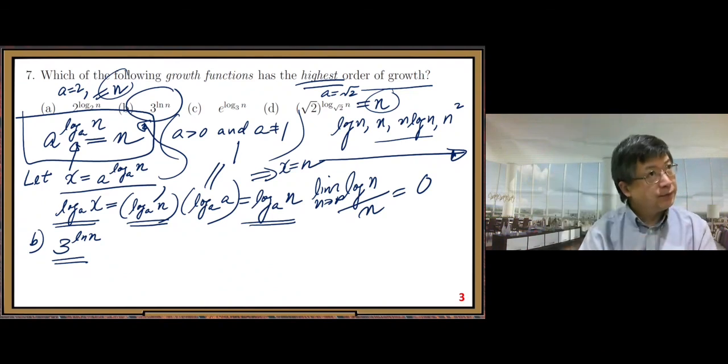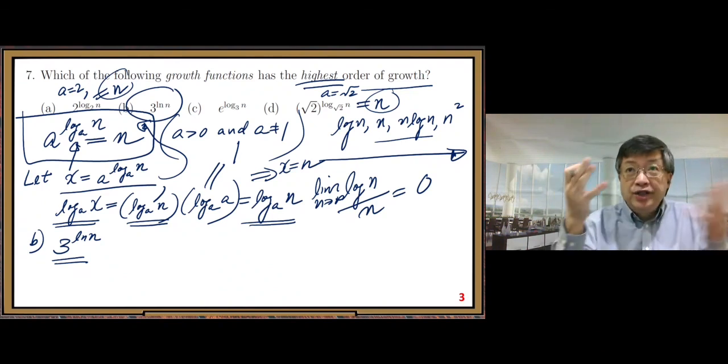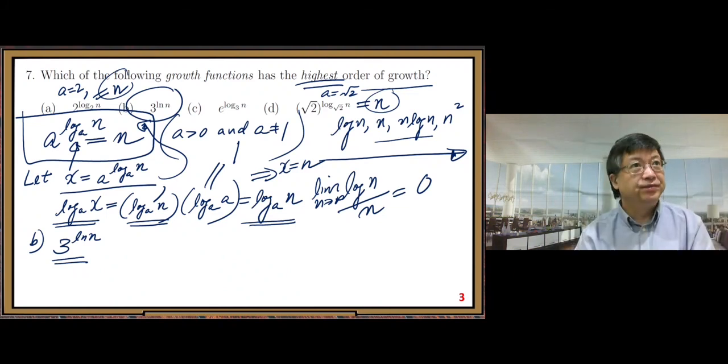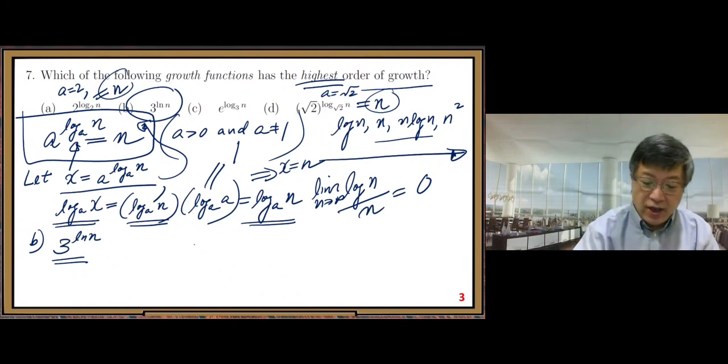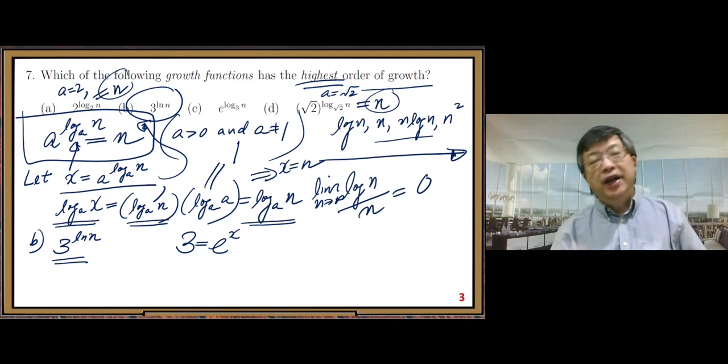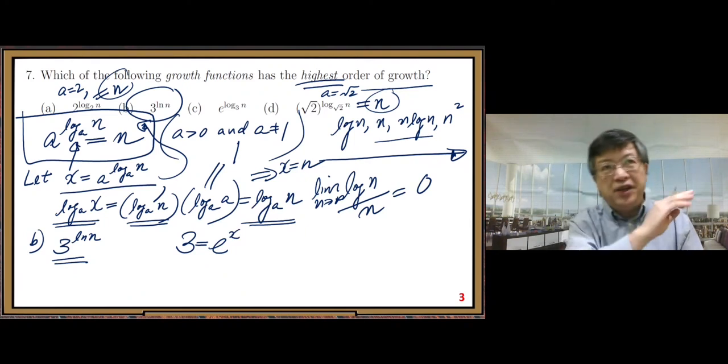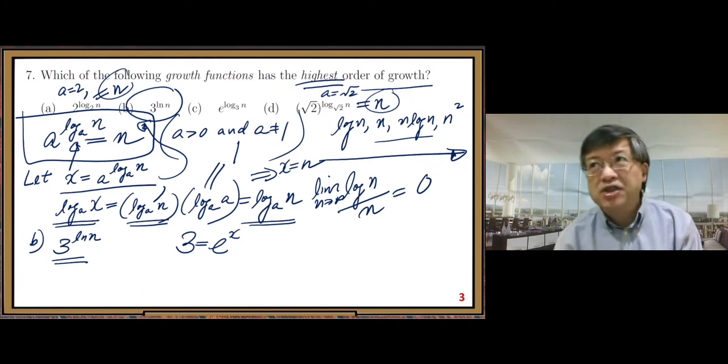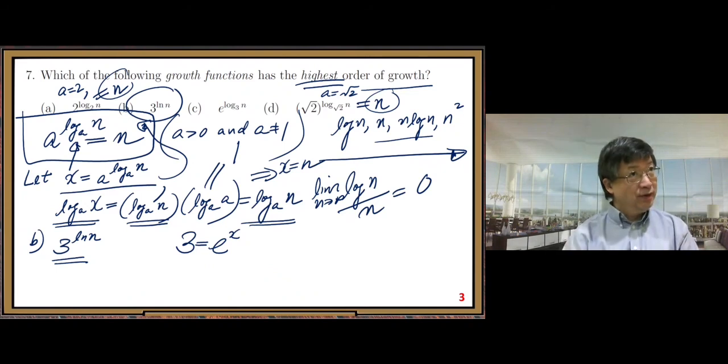If we can, we convert it to the same base. So the first thing is we want to write 3 as E to some number. Let me write x. E to the x equals 3. Is it possible? Yes, it's possible, right?